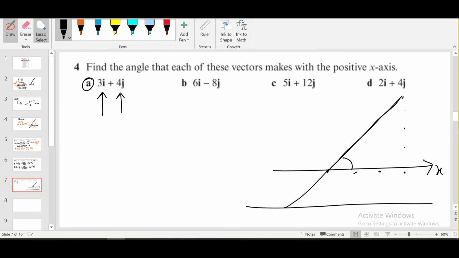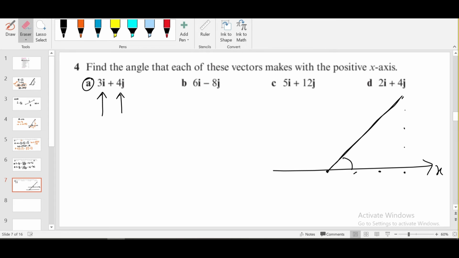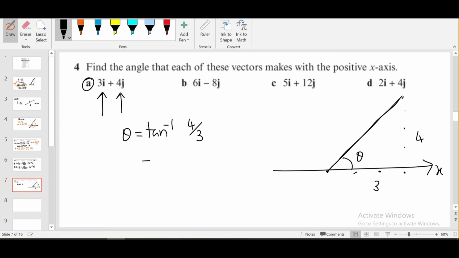This angle is the same as this angle, right? So to find this angle, you apply the formula you learned. Theta is equal to tan inverse of 4/3. This is 3, this is 4, right? So find the tan inverse of 4/3 to 3 significant figures. You will get 53.1 degrees. Do you understand this?